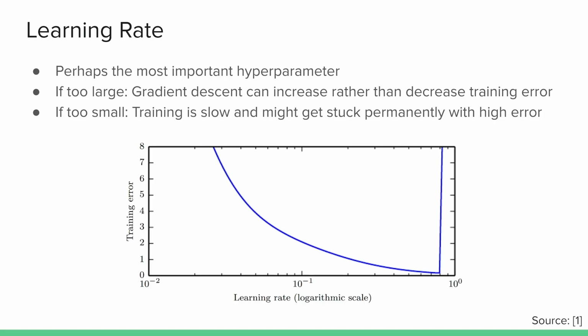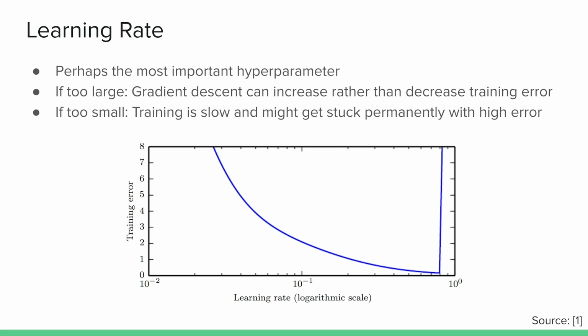We take steps so large that we're stepping over the valley and onto the next hill, and then we have to go the other direction again. This could be very problematic, in such a way that our network does not learn anything at all. So a learning rate that is too large is a big issue.